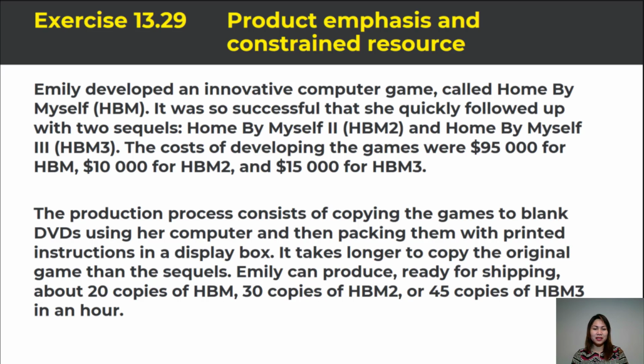So what is the capacity constraint here? You need to think about the hour, because clearly Emily has a different output for different hours that she will spend in the production process of the games or DVDs in this instance.